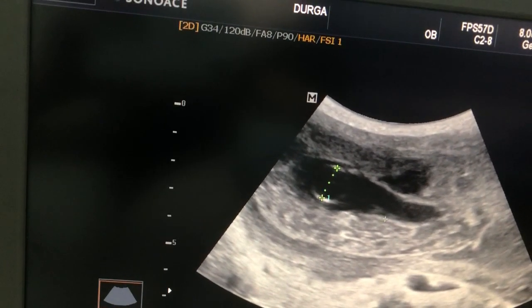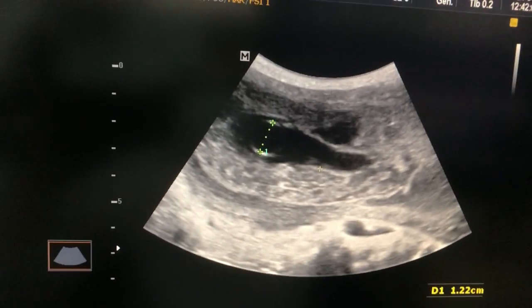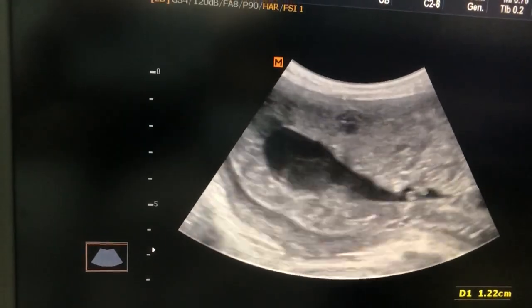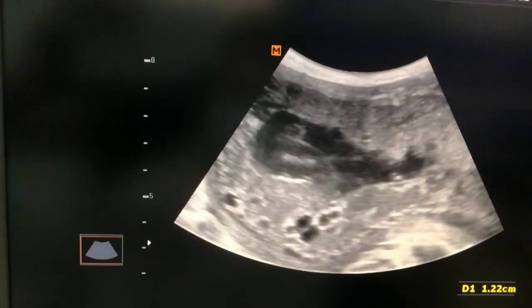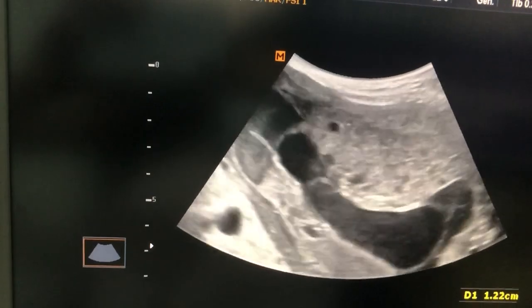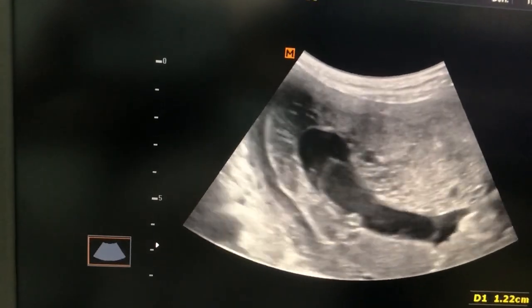Size is 12 mm. This is 100% yolk sac only because it is located outside the amniotic cavity. Yolk sac is located normally outside the amniotic cavity.